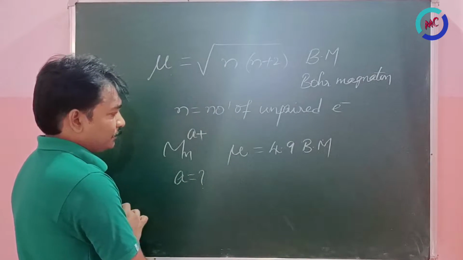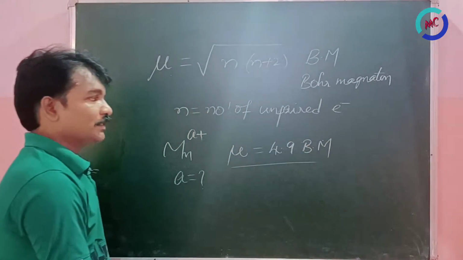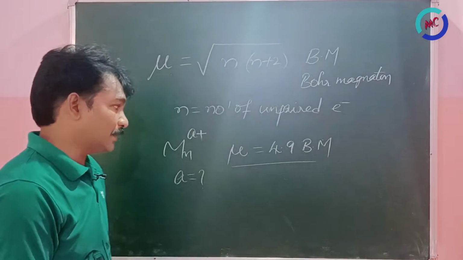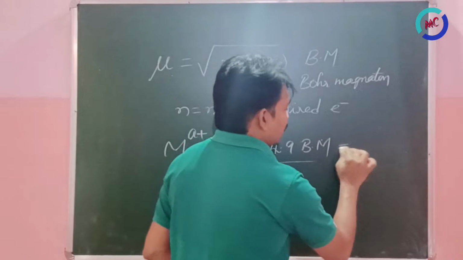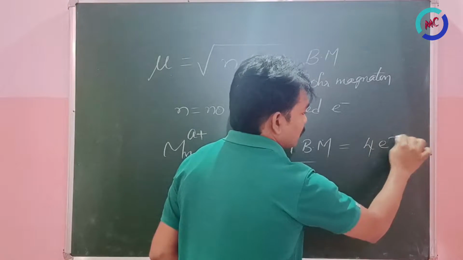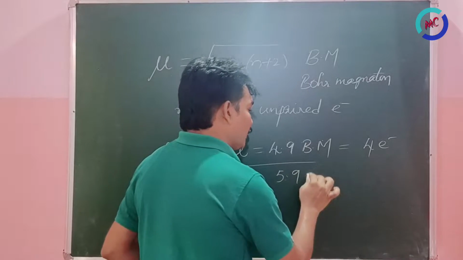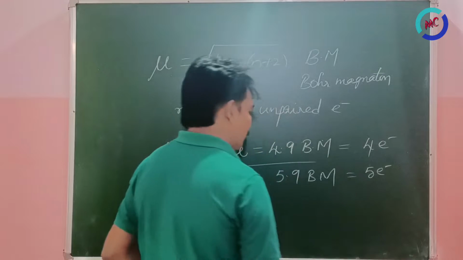See here, Mn A plus and its magnetic moment is 4.9 BM. Simply, I will tell you one trick here. If magnetic moment is 4.9, number of unpaired electrons is 4. If it is 5.9 BM, then number of unpaired electrons is 5.